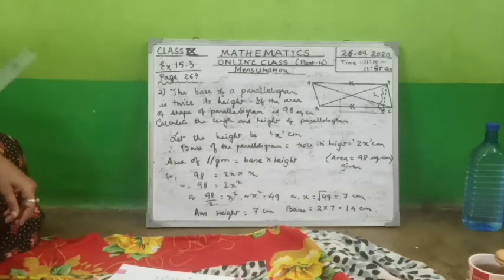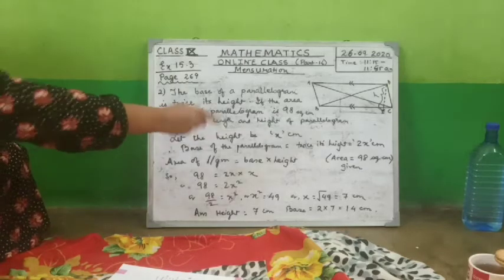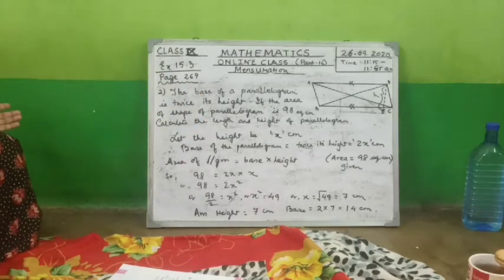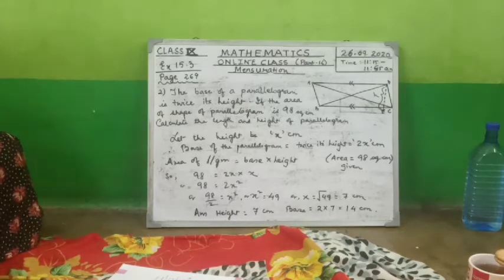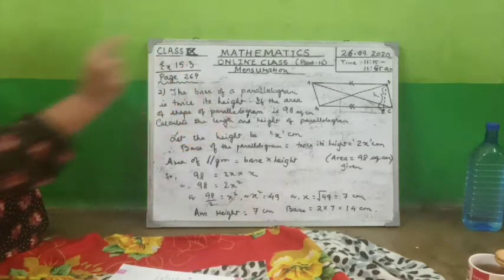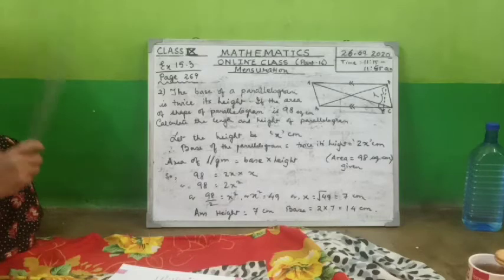Now, let the height be x centimeter. So we don't know what the height is, we don't know what the base is, no numericals have been given. So when no numericals are given to you, as per your algebra rules in class 9, we consider that as x. So let the height be x centimeter. And it is said what?